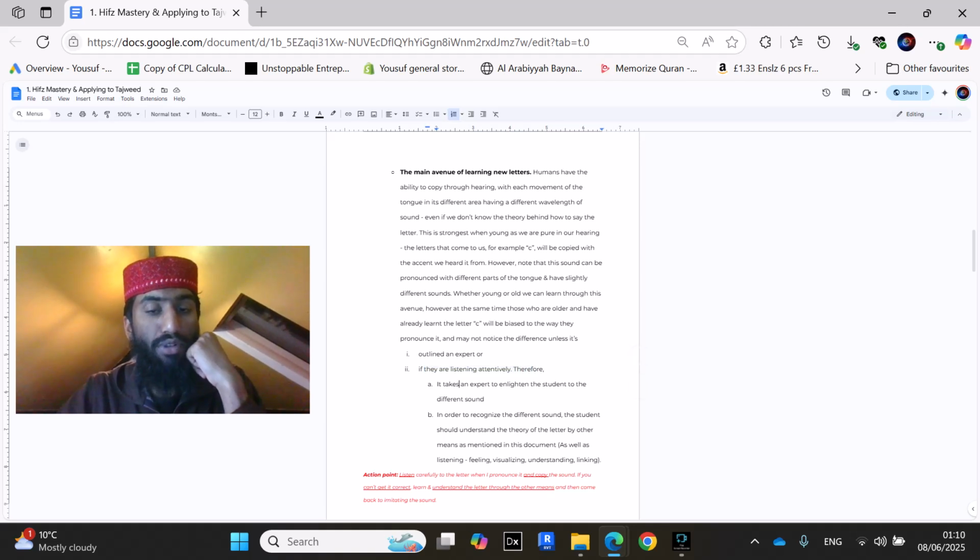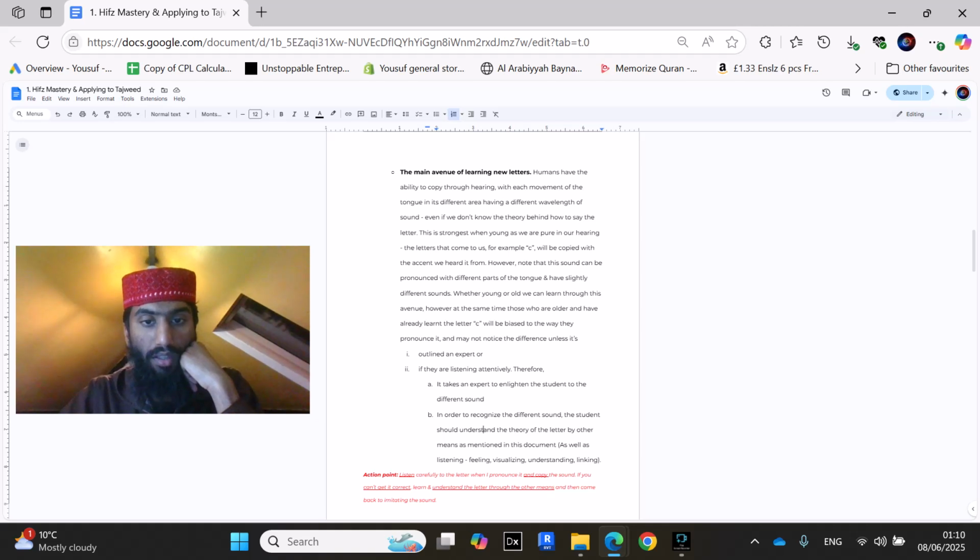Therefore, it takes an expert to enlighten the student to the different sound, or it takes them to understand the theory of the letter by other means, which we mentioned already, like listening, feeling, visualization, understanding, to be able to understand the letter. And then obviously to be able to pronounce it.